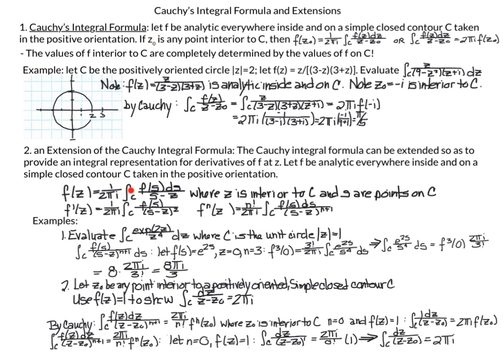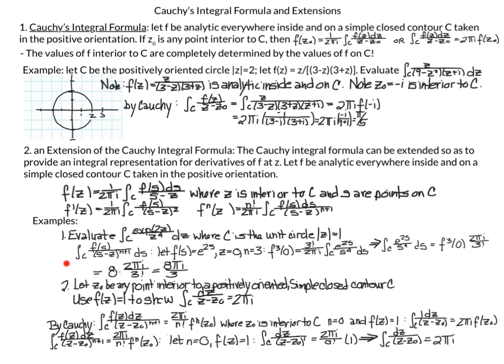If that bothers you, you can rewrite this formula, in which case you would have f of z naught equals 1 over 2 pi i integral of f of z dz over z minus z naught. And here you would put in z naughts wherever you see a z, and you'd put a z wherever you see an s. You could just rewrite the formulas so they look consistent. Or you can just remember that this is the variable of integration and that here z is the interior point.